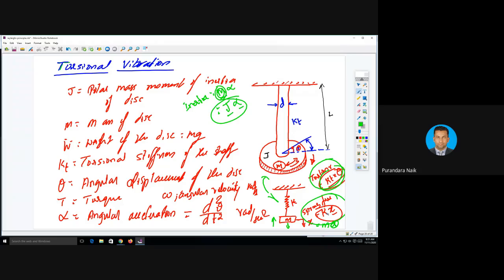You can easily remember if you copy this in a rough note. Inertial force is m into a in the spring mass system, but here it is J into alpha. If you understood the concept, no problem.